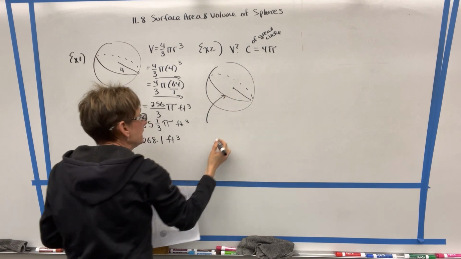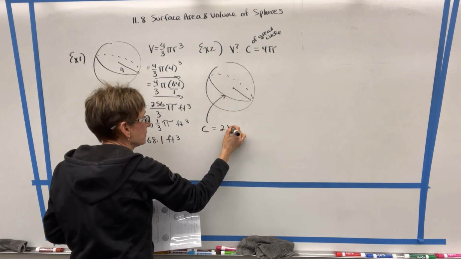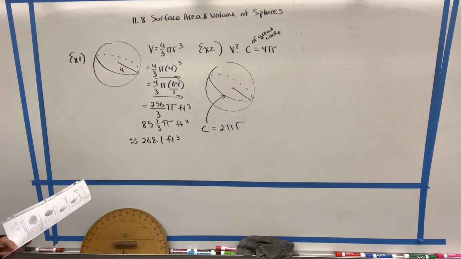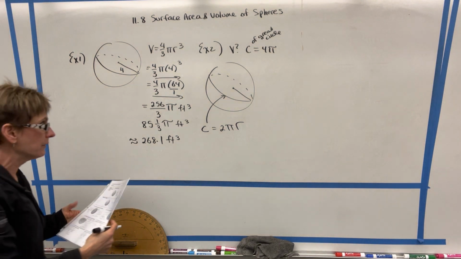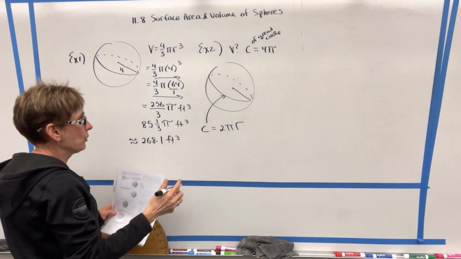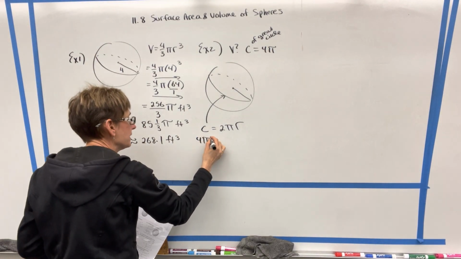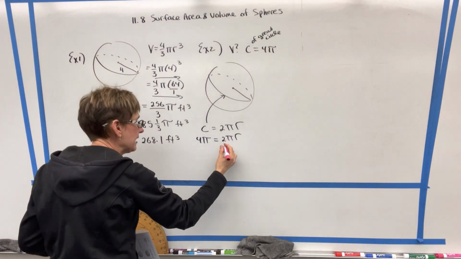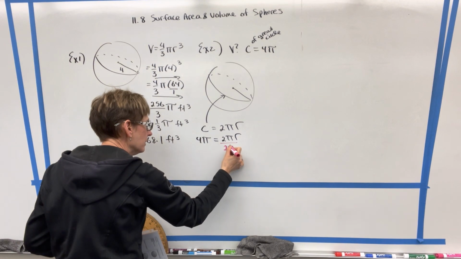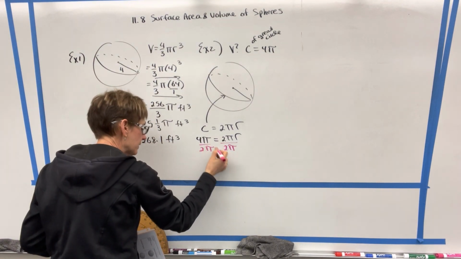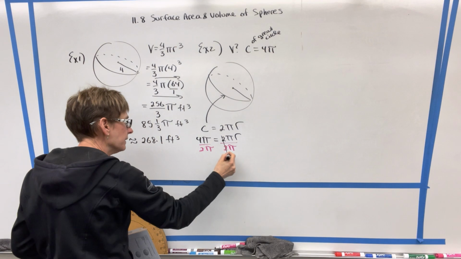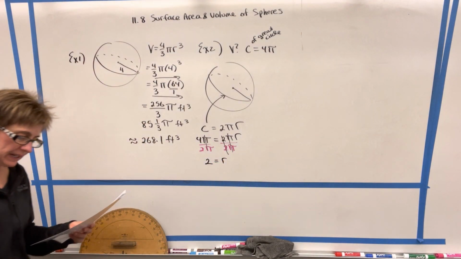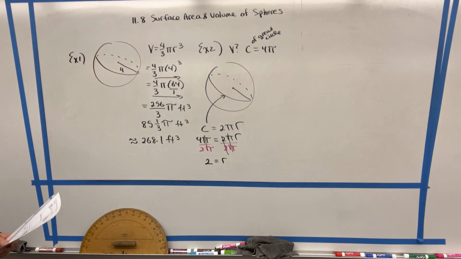I know if I'm looking at the circumference of the great circle, the formula for circumference is 2 pi r. And I have been told that the circumference of the great circle is 4 pi. So let's put that in for C. And then I want to do the same thing I did on a problem just a minute ago. Do my opposite operations. When I do that, I can see that r is 2. So my radius ends up being 2.